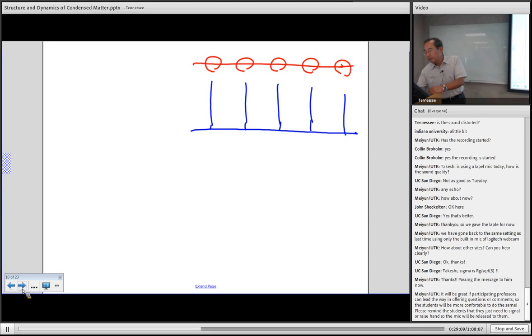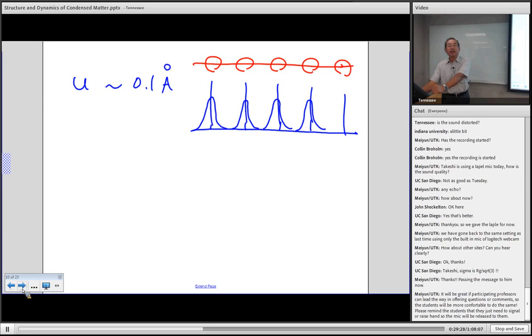So at low temperature, there's an uncertainty about the atomic position, an amplitude u, which is of the order of 0.1 angstrom at low temperature. And at high temperature, because of thermal agitation, the atoms move more. So the u amplitude increases. And at high temperature, u square is proportional to kT.